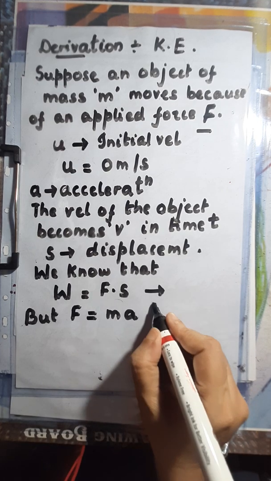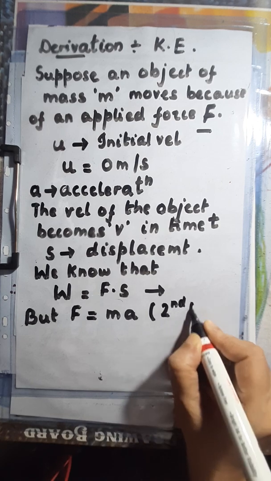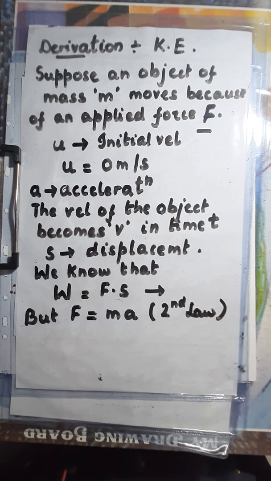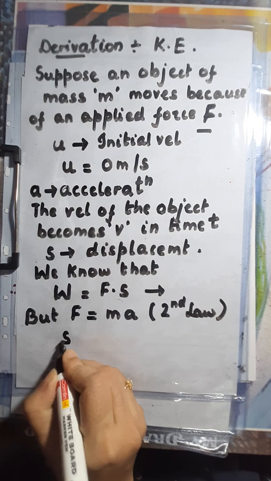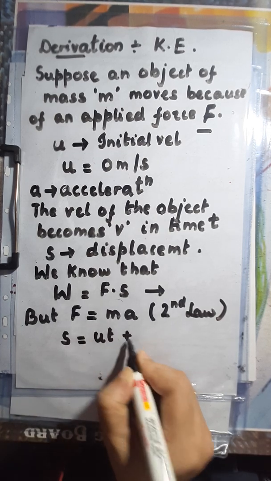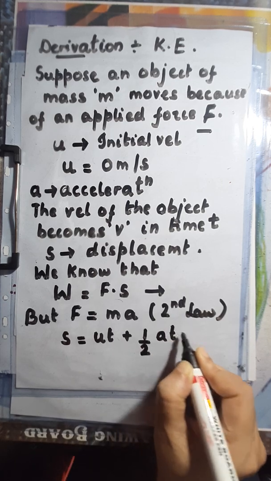This is Newton's second law of motion. Correct? Now, we also know that S is equal to ut plus half at square.